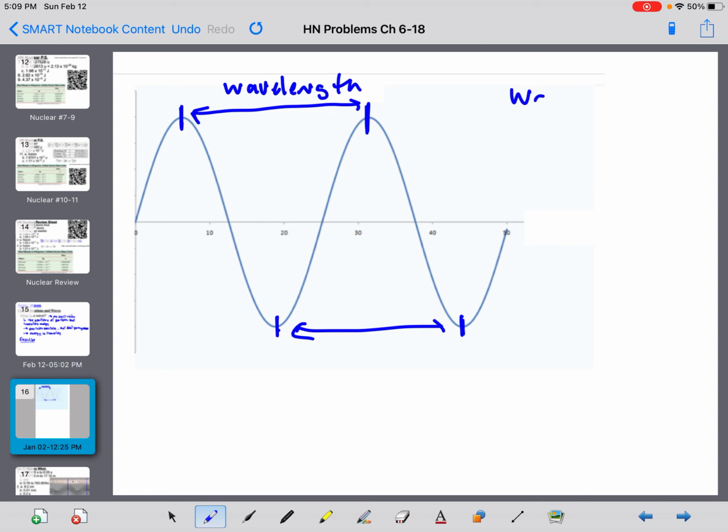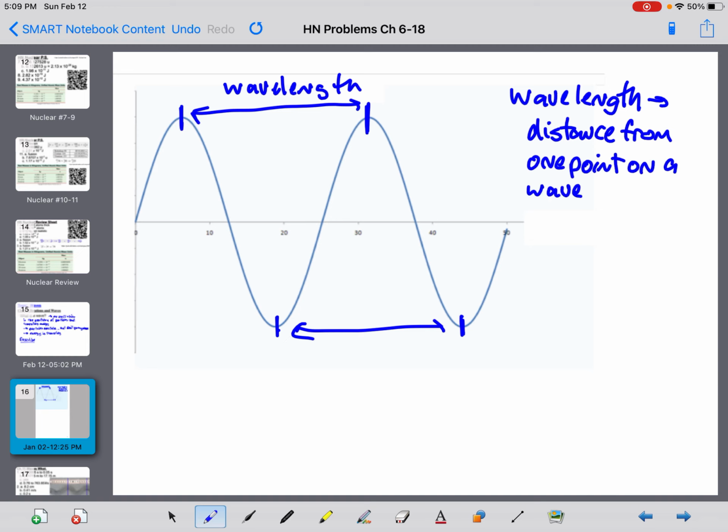Now, in defining a wavelength, it is not descriptive enough to say that the wavelength is the length of a wave. The wavelength is specifically a distance measurement. It is the distance from one point on a wave to the corresponding point on the next adjacent wave.